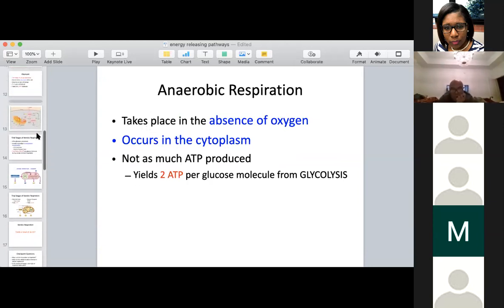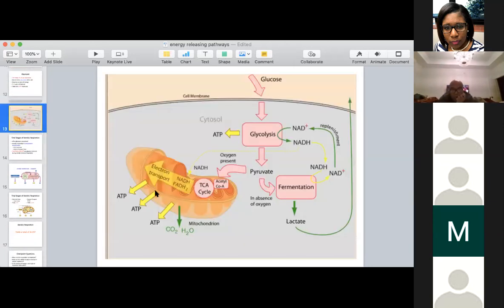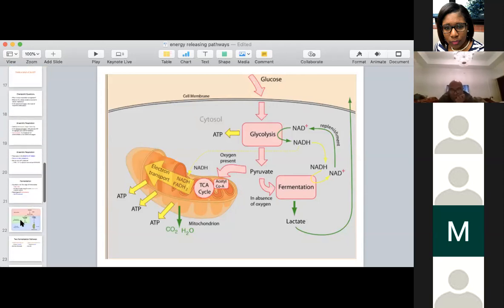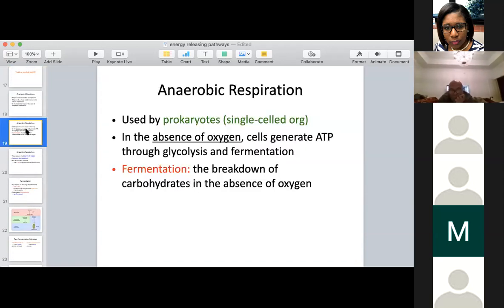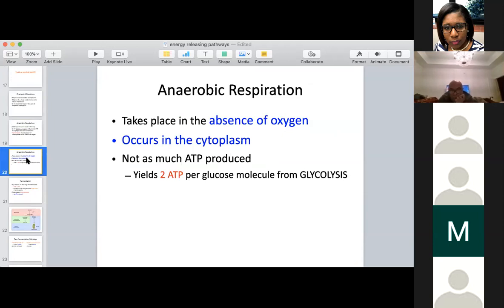Prokaryotic organisms don't have mitochondria, so those bacteria don't have mitochondria. So this whole process of fermentation is taking place out here in the cytoplasm. All right, make a note of that. Anaerobic respiration takes place in the absence of oxygen out in the cytoplasm.